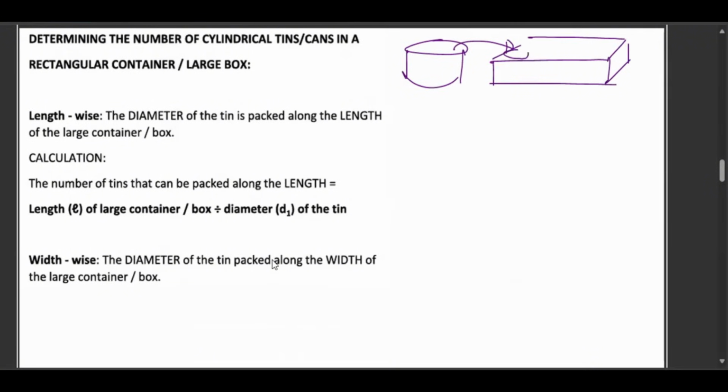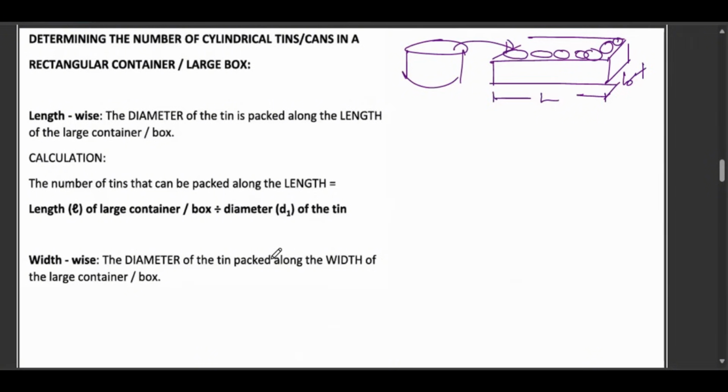So this means how many shall we have on the smaller side, and how many shall we have on the longer side, which is length, and how many on the shorter side, if it's only one layer. So now cans is a little bit different, but it's fine.